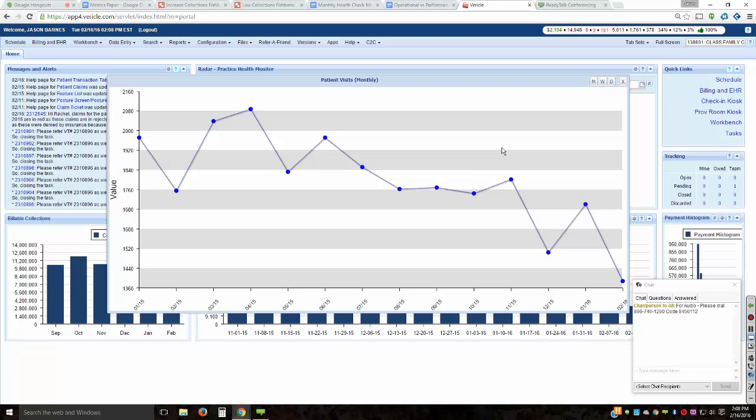But there's a big trend of going down from 2000 to 2088, ending at a much, much lower number here in the 1400 range. So for this particular example, I put together a few diagrams.